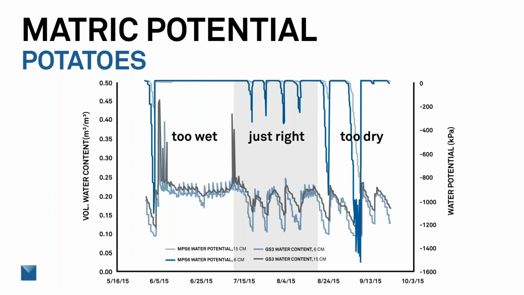The soil was allowed to dry down a little bit and hit more of that optimal negative 30 to negative 50 kPa for the potatoes. However, towards the end, you can see that they actually started to let too much time pass in between irrigation events, which put significant drought stress on the potatoes. So we're well out of that negative 30 to negative 50 range there on the right.